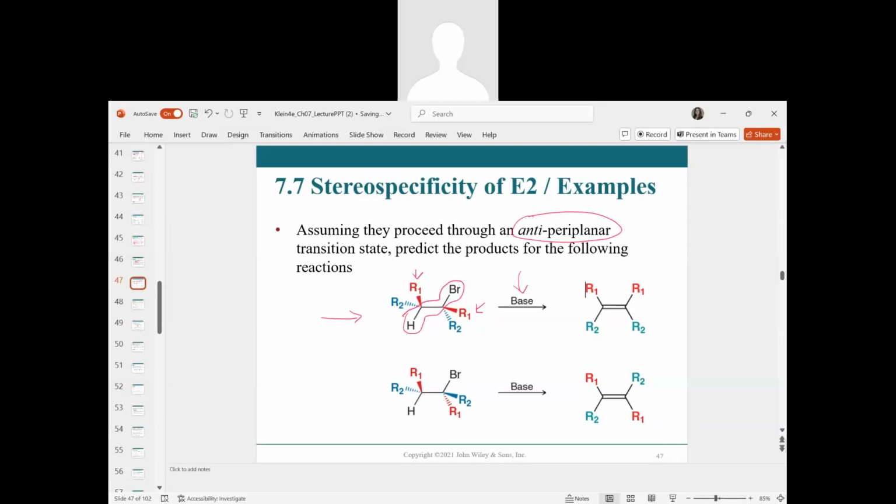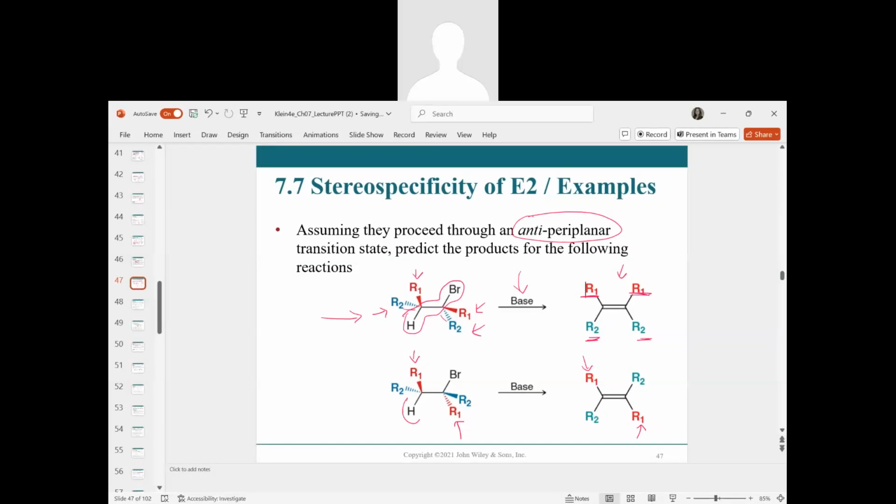So what we see in our product here is that our two R1s that were on the wedges are again going to be on the same side of our pi bond, and then we have R2 and R2 shown down here. They are going to be on the same side of the pi bond. They were both on dashes in our original compound. So when we have our R1s on dash and wedge here, they will end up on opposite sides in our product after our elimination.